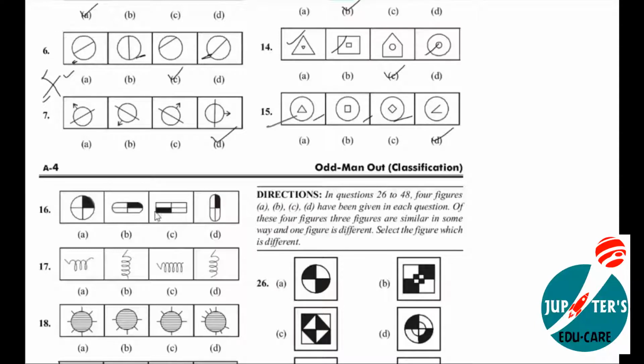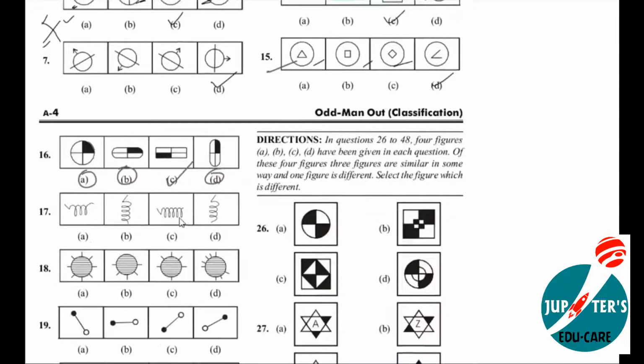Option C is not curved, but it is divided into four equal parts and shaded. Option D is divided into four equal shaded parts and has a curved shape. So options A, B and D have a curved shape with four equally shaded parts, but option C is not curved. So C is our answer.